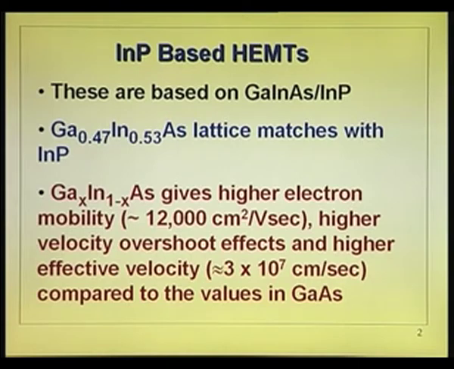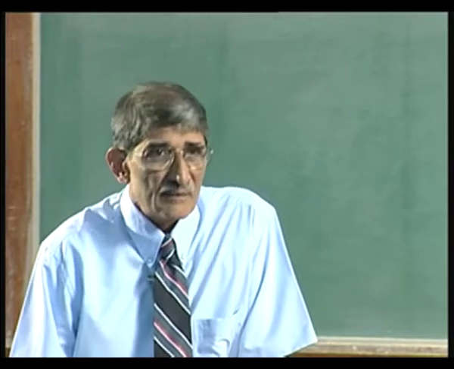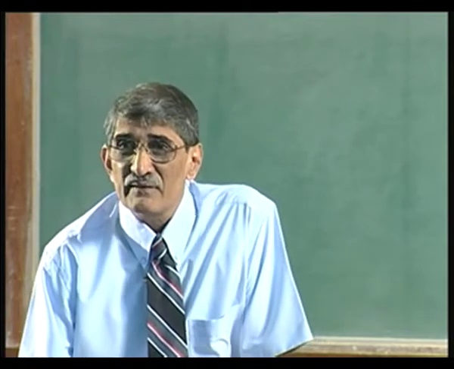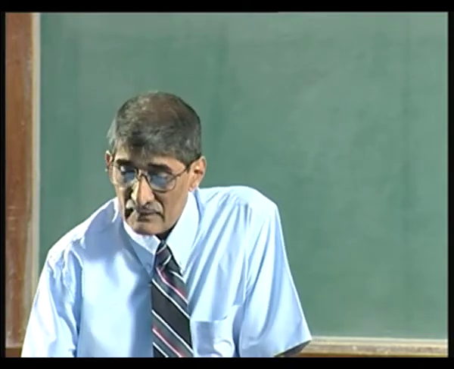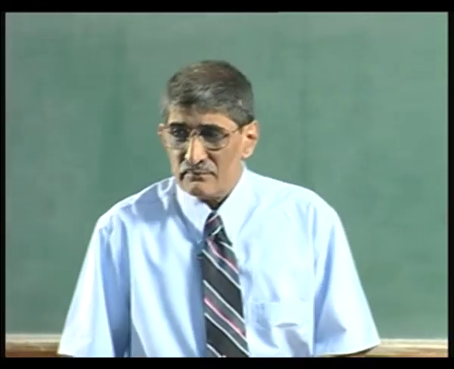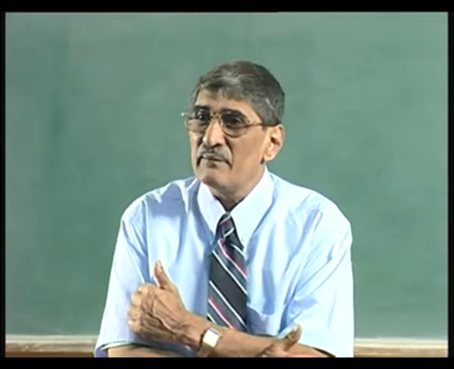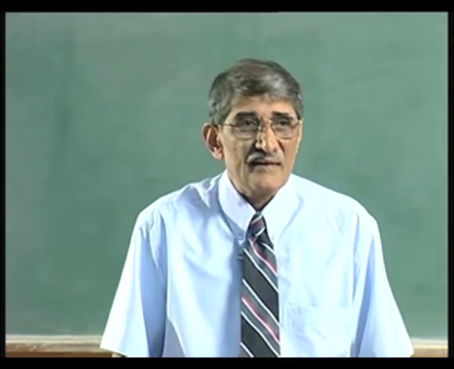So, now that means if you want to make use of gallium indium arsenide which has better mobility, better velocity overshoot effects, etc., or better peak velocity, then you must grow it on indium phosphide. So, a different device altogether based on indium phosphide substrate emerged with gallium indium arsenide as a channel material.